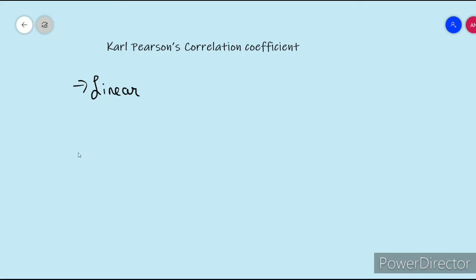And Karl Pearson's correlation coefficient is based on the concept of covariance. Covariance is not the same, but similar to correlation.